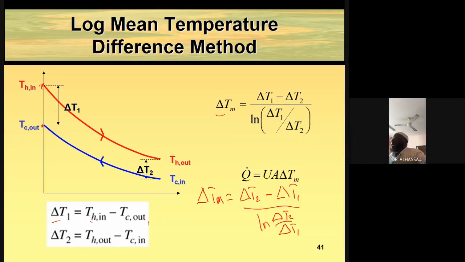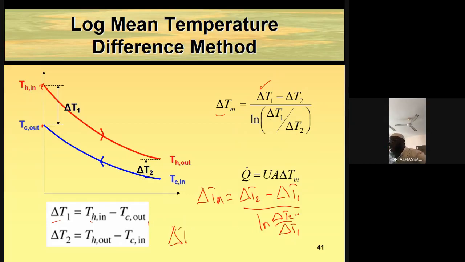It is the same. You understand me? So the only thing is that if you start with delta T1 minus delta T2, then immediately delta T1 should come again at the numerator part of the log, divided by delta T2. Similarly, if you start with delta T2 minus delta T1, then again the first thing that has to come at the numerator part should be delta T2 divided by delta T1.